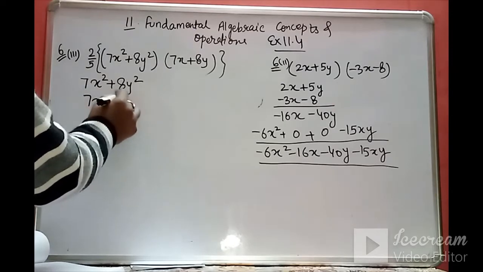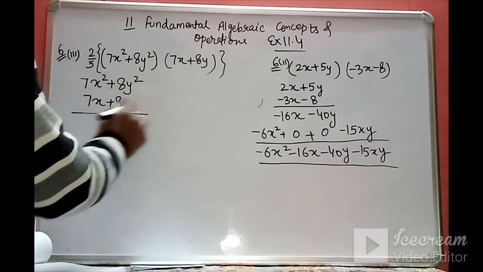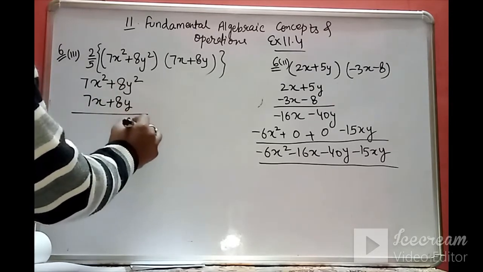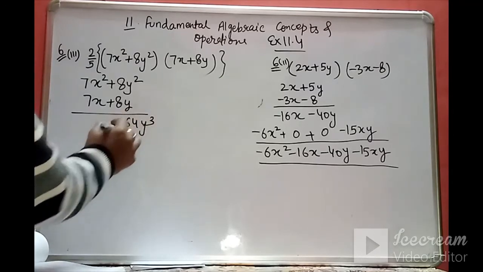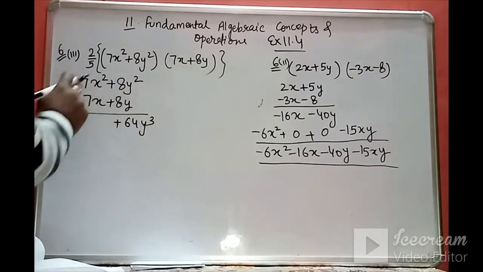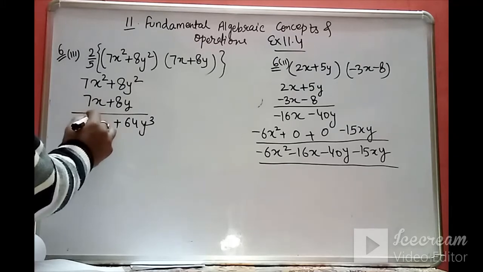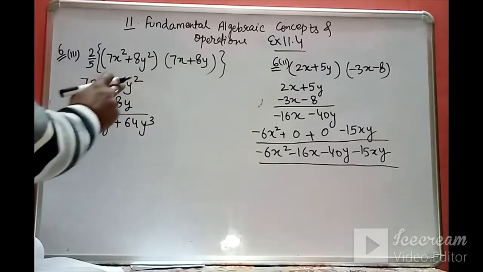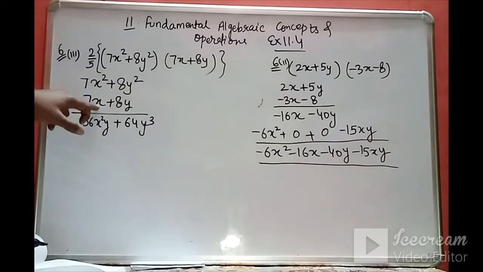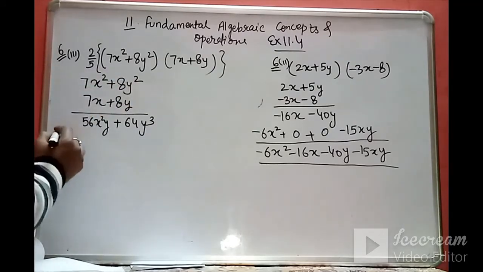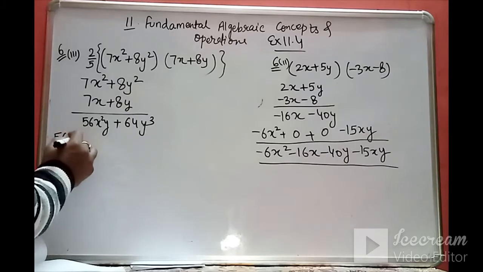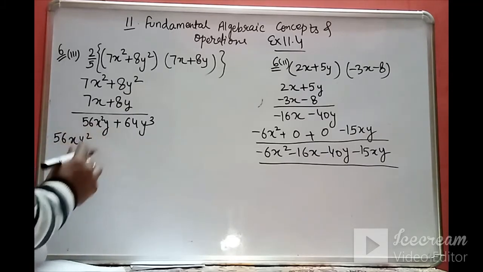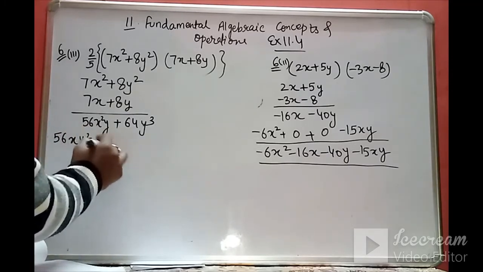7x plus 8y. So 8 into 8 is 64y cube. Then 8 into 7 is 56x square y. Now 7 into 8 is 56, and here it is xy square, so we have to write it separately like this, 56xy square plus 0.